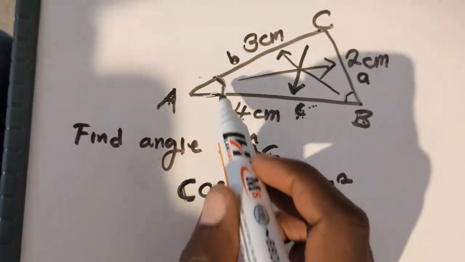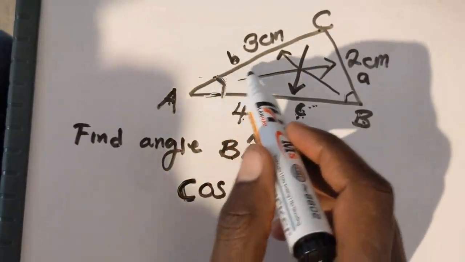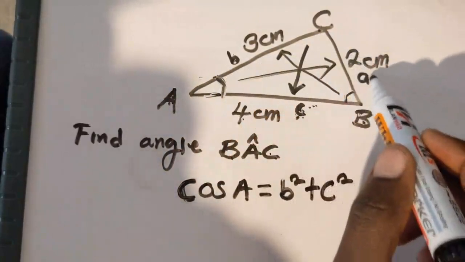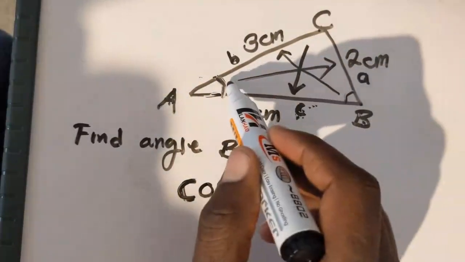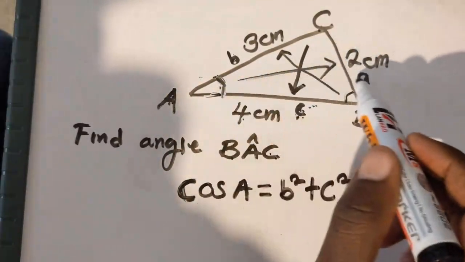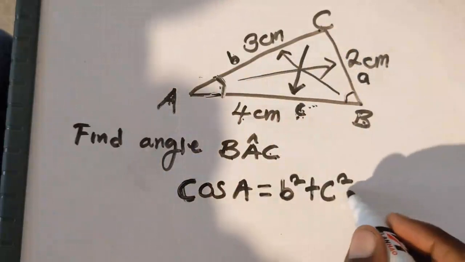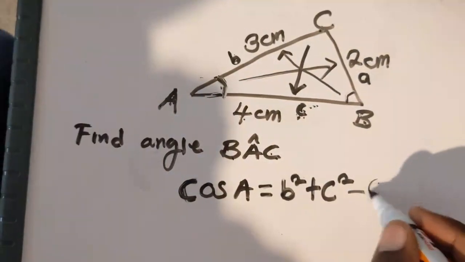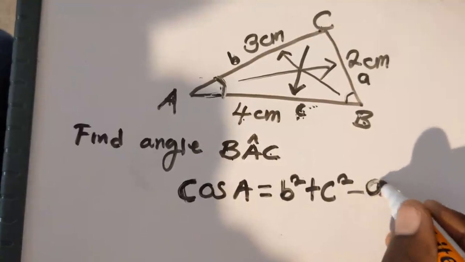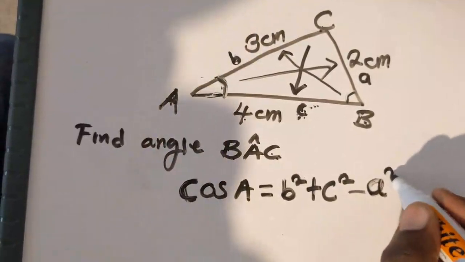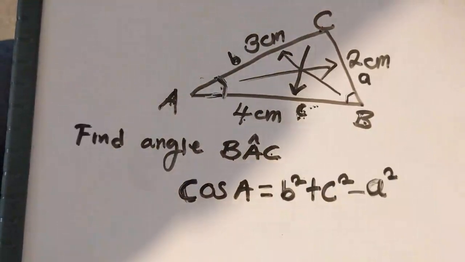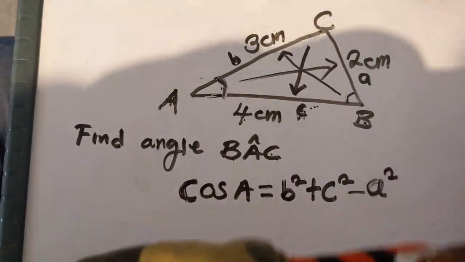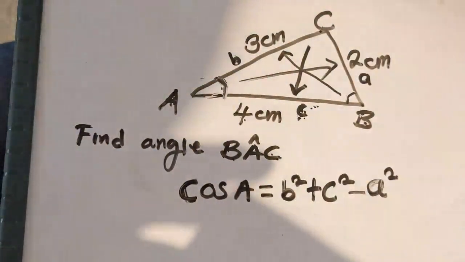Okay, and the side that is opposite to this angle is this side. It is opposite to this, which is small letter a. So we are going to subtract the side which is a, squared. You need to square it. Okay, so that is what you are supposed to do.